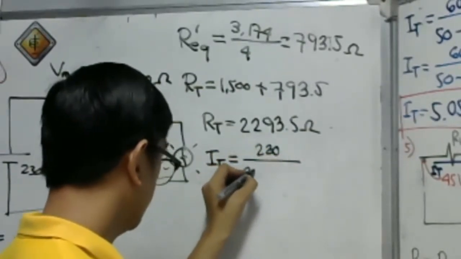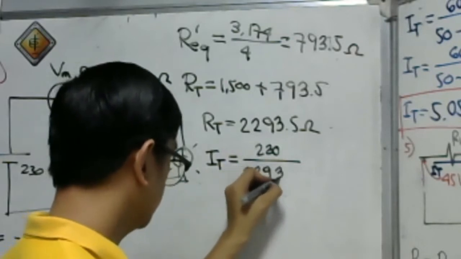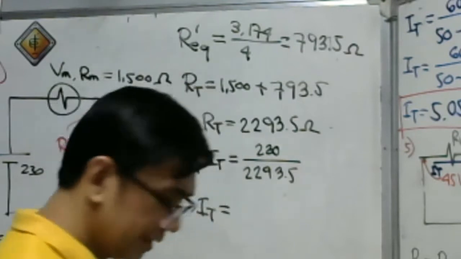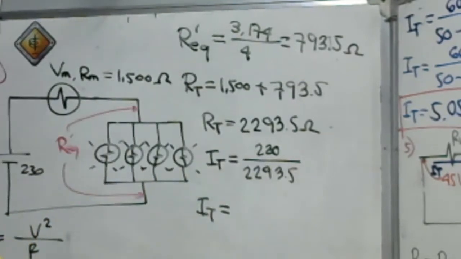Then the total current, divided by 2293.5. So what will be our total current?